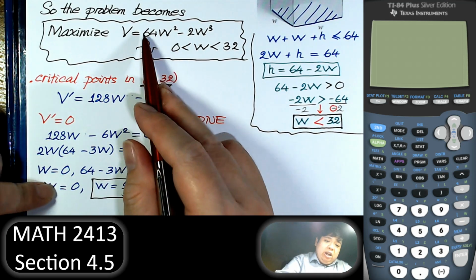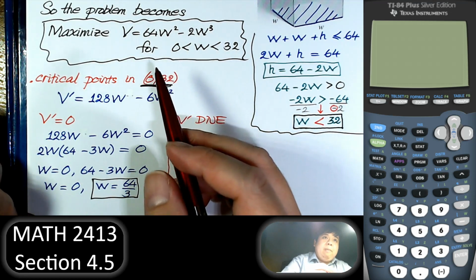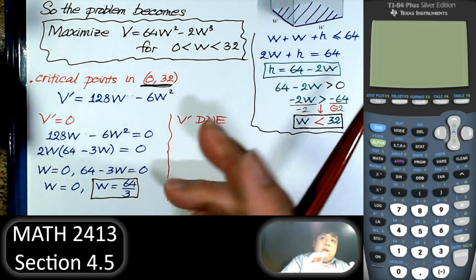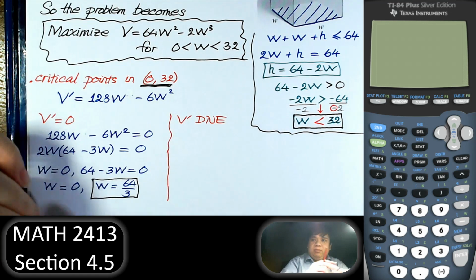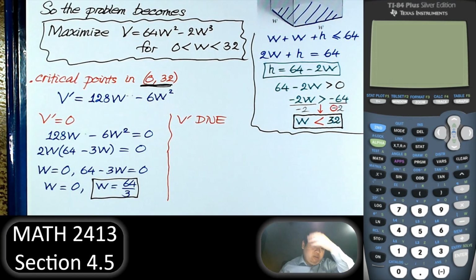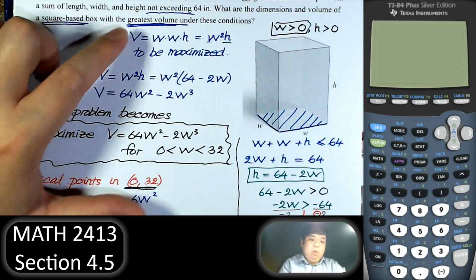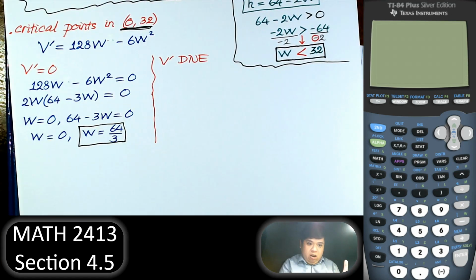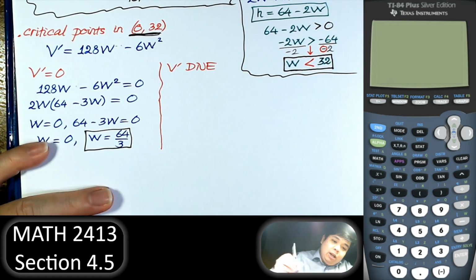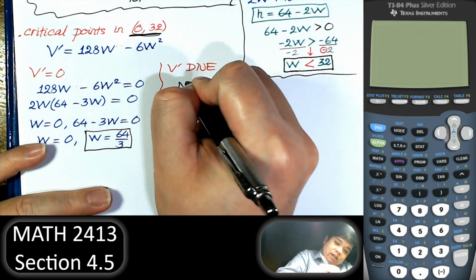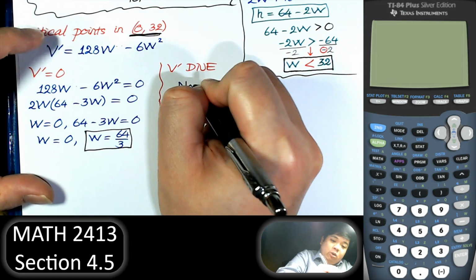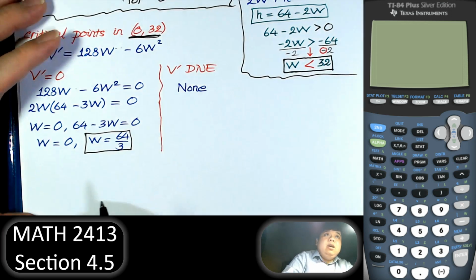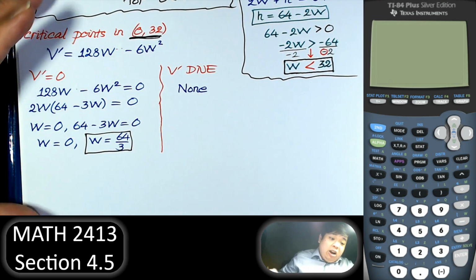If we put 0 in here, the volume is equal to 0, because if one side is equal to 0, then the volume is equal to 0. So that cannot possibly be the biggest volume. We want the greatest volume. 0, certainly not that. Does not exist, there will be none, because that derivative is continuous and defined everywhere.